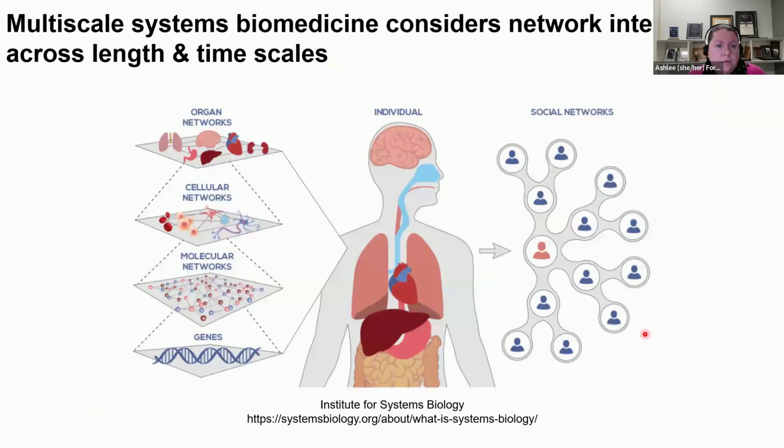When I talk about multiscale systems biomedicine, I use that biomedicine term explicitly rather than systems biology. A lot of systems biology focuses at the genetic level and intracellular: what are the networks of cell signaling that might happen inside single cells?